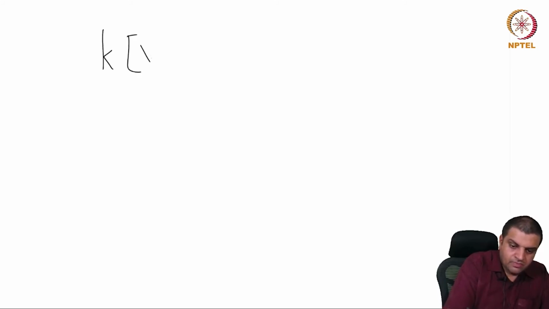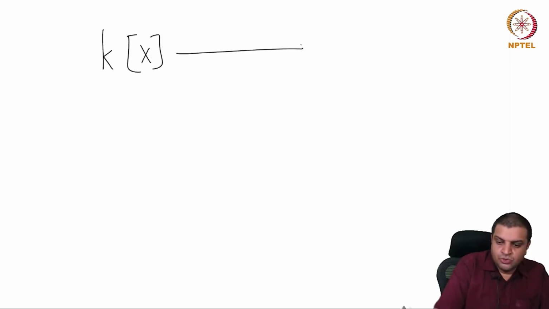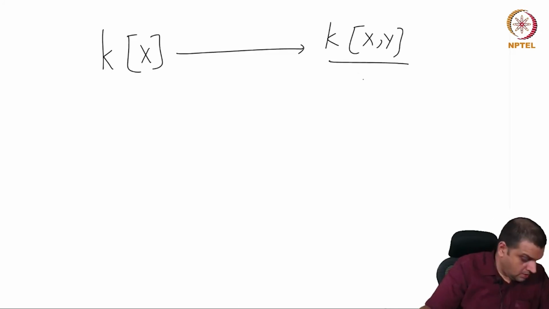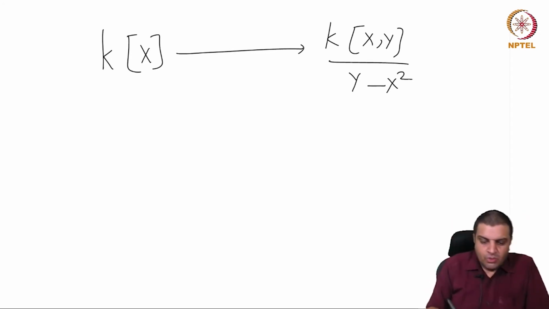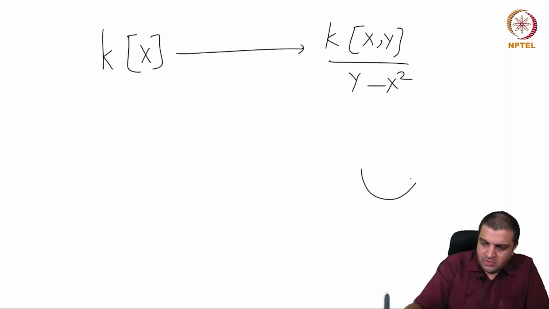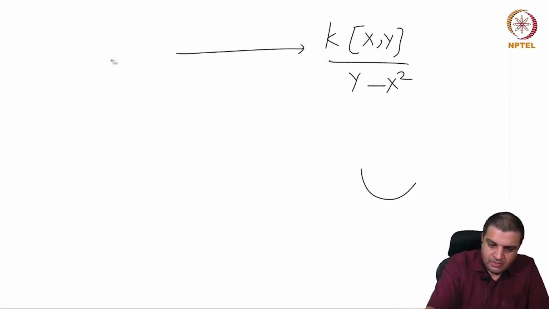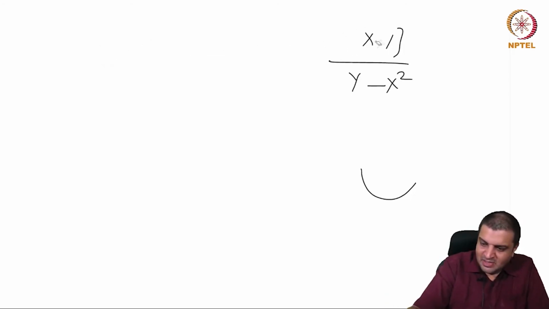So the map is Kx to Kxy mod y minus x squared. Here is the parabola. Because I want to project to the x-axis, let me reorient the diagram.